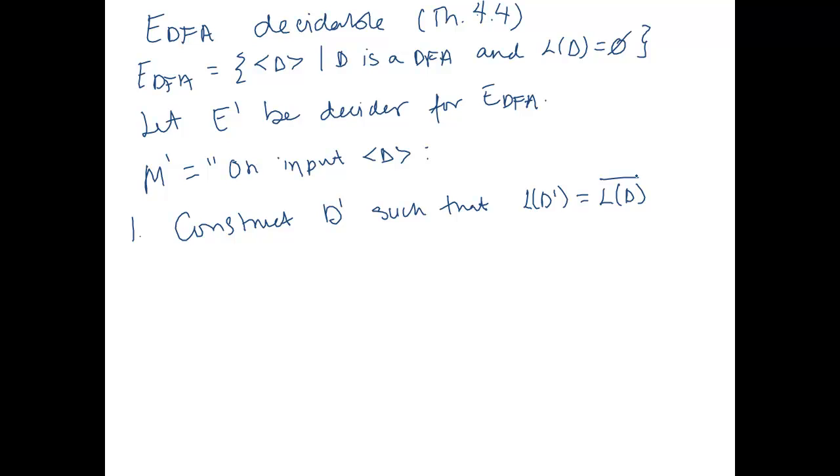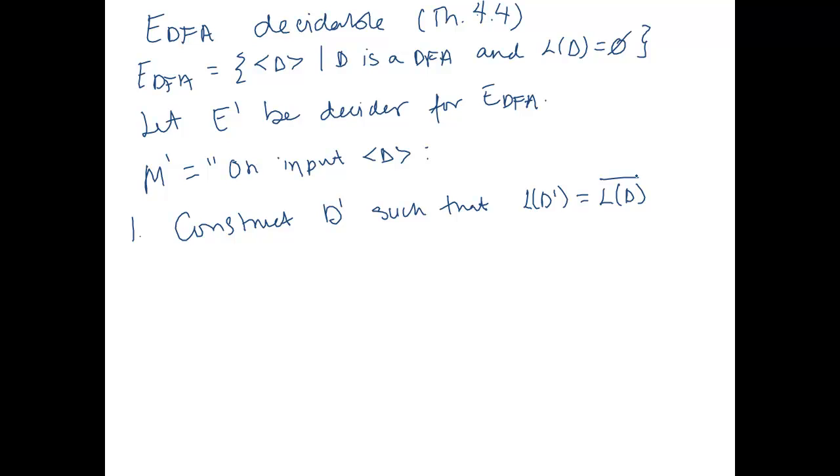Okay, so we can convince ourselves that we can do this. And just like we walked through for the first proof, how a Turing machine could do this, you can imagine that as a Turing machine, you're looking at a description of a DFA, and it's in a recognized format.